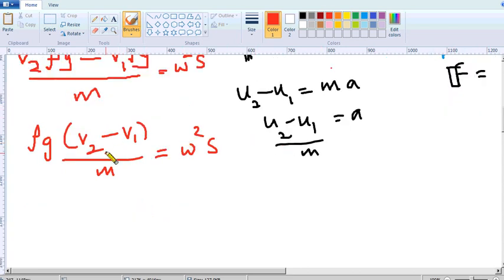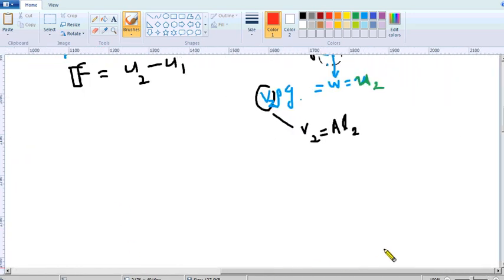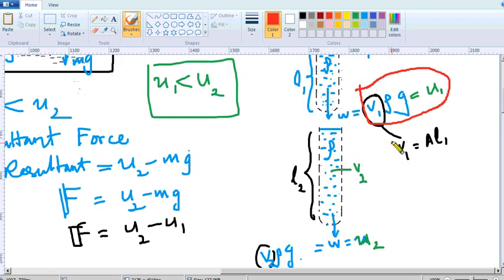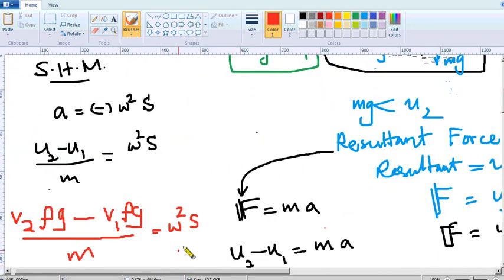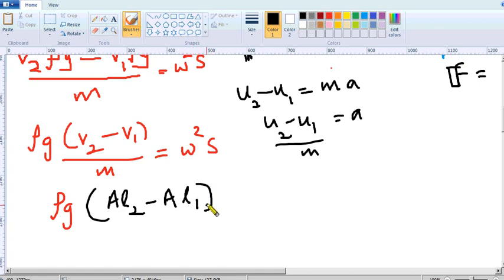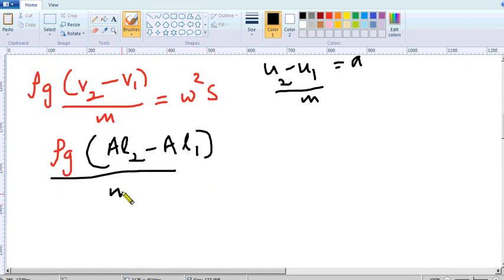So now we can write, instead of v2 and v1, what we calculated earlier: v2 here and v1 here, a times L2 and a times L1. Then rho g, a times L2 minus a times L1, divided by m, equals omega squared s.